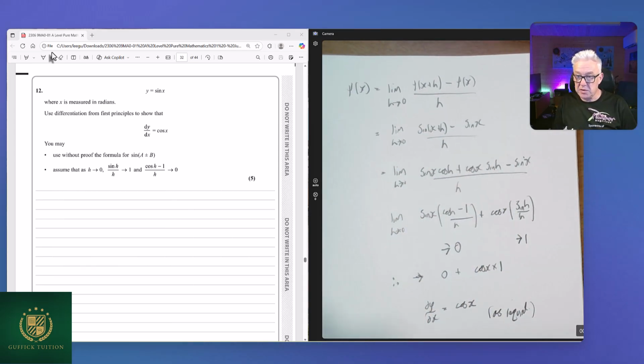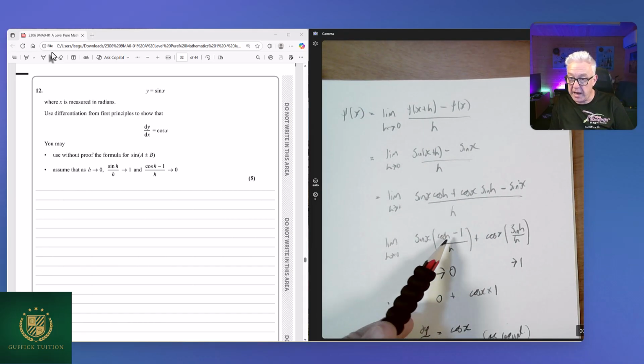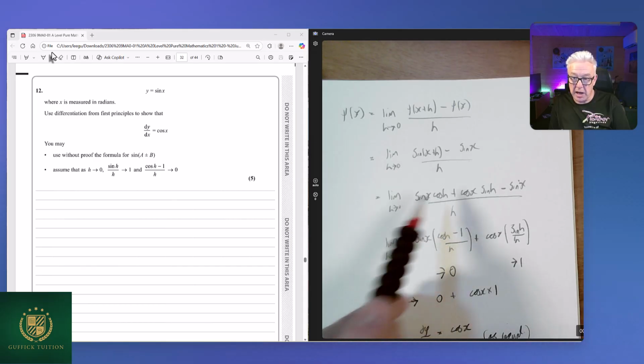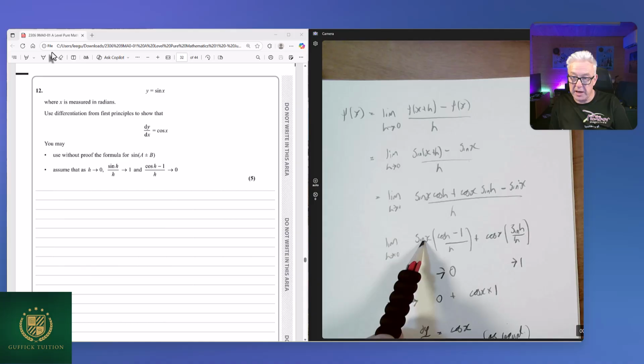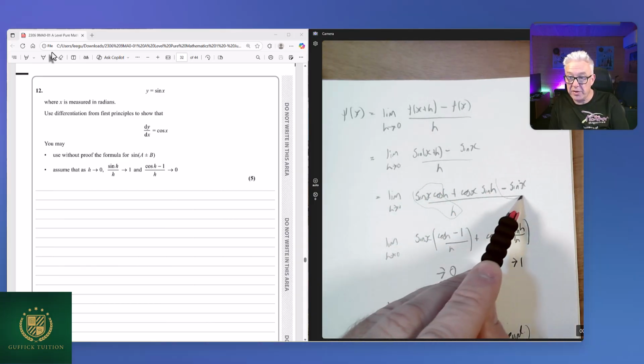So the tricky bit is we just now need to factorize this by gathering together the parts that we want. So we've got sine x cos h, and we could take out a factor of sine x if we were to group that bit together with that bit.